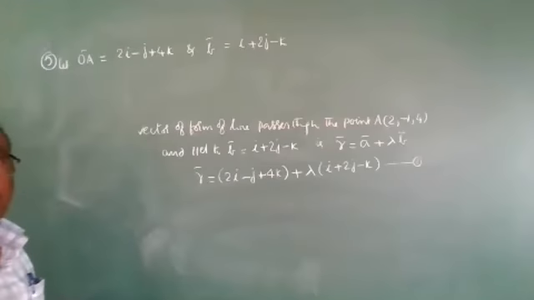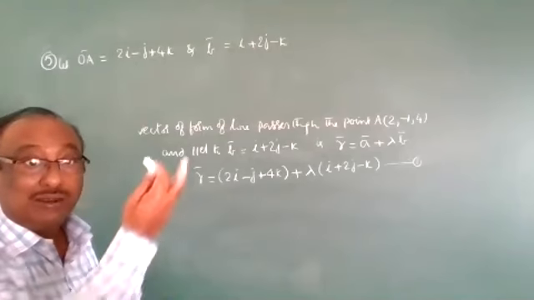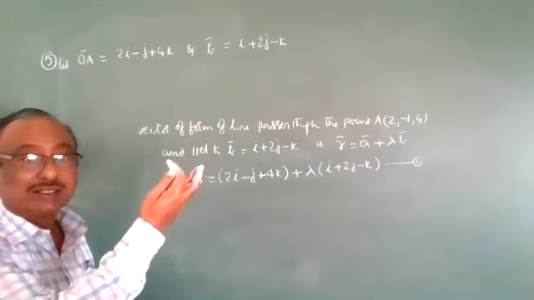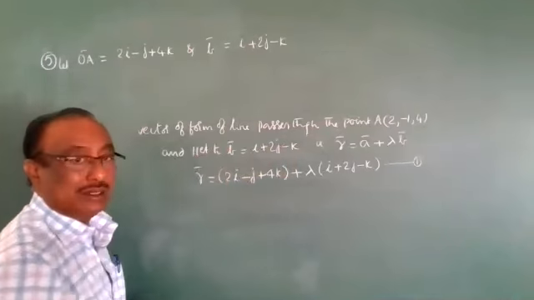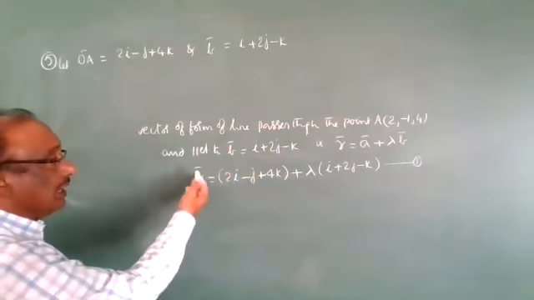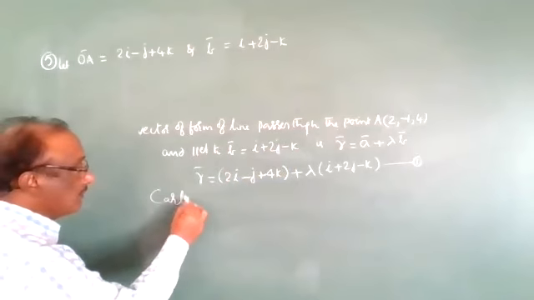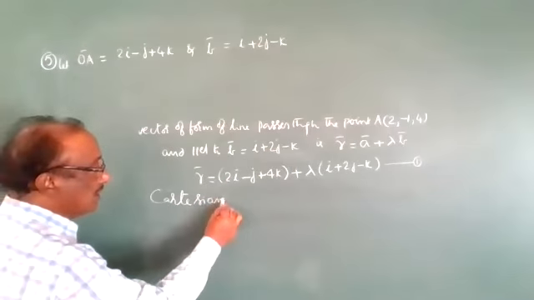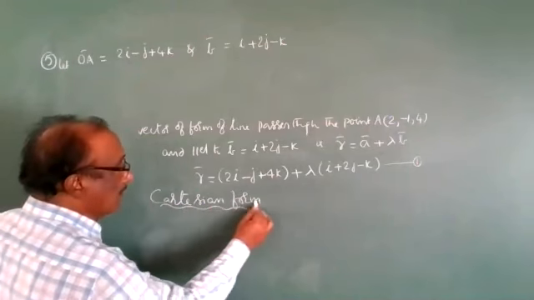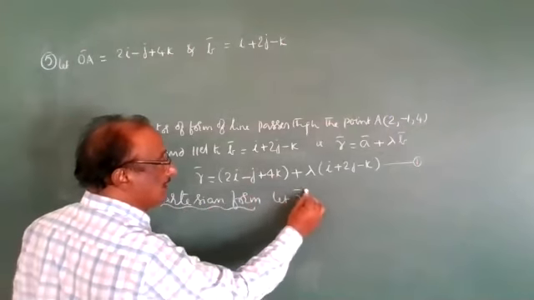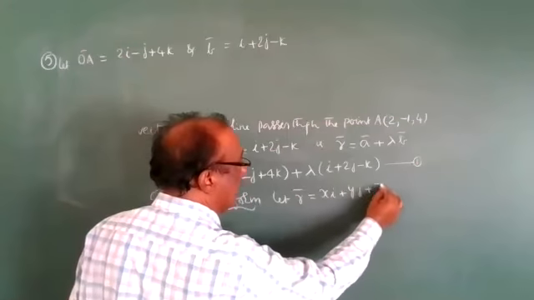Now go through the Cartesian form. We already know the Cartesian form is x minus x1 by the parallel vector's DRs. DRs are the components 1, 2, minus 1. For the first vector, R bar you can take. Let our Cartesian form: R bar is equal to xi plus yj plus zk.